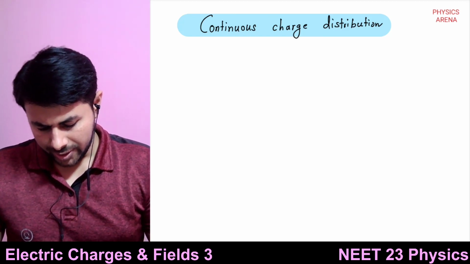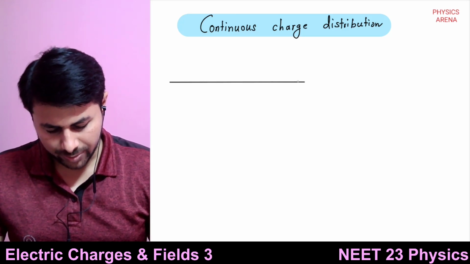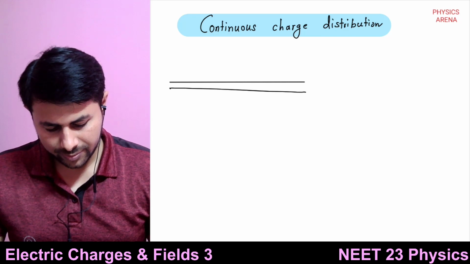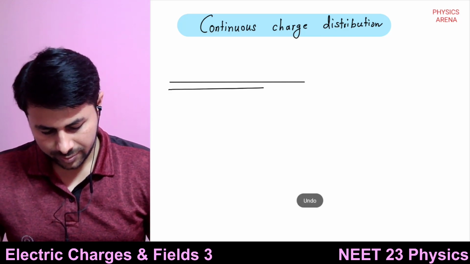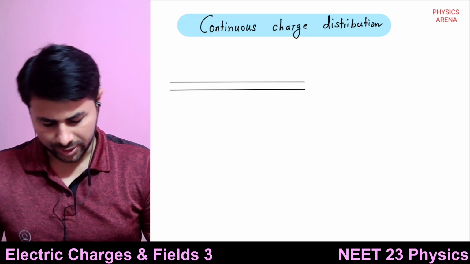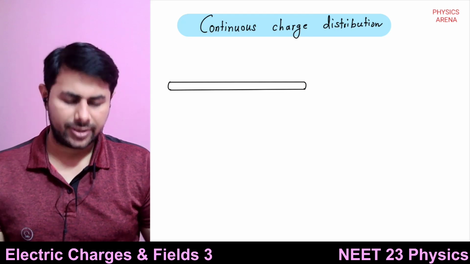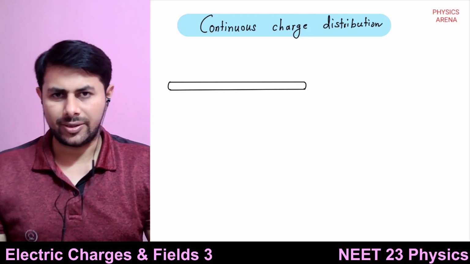For example, let's suppose we have a linear body like this. This can be a glass rod, from the first experiment that we discussed, charging by rubbing.